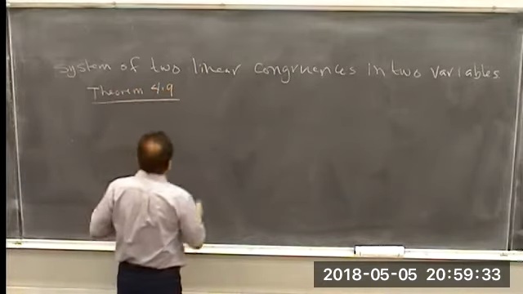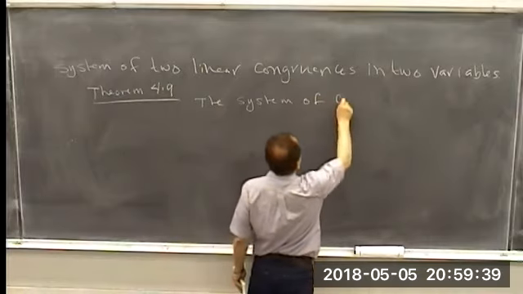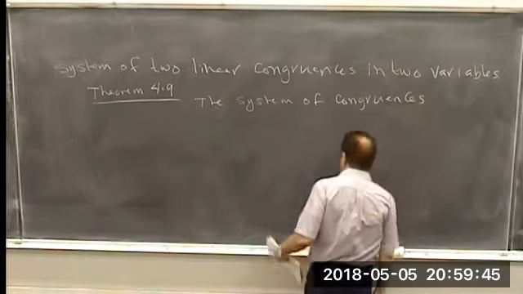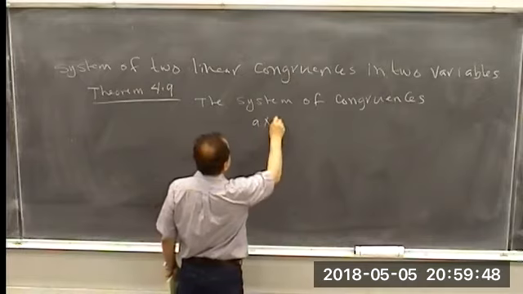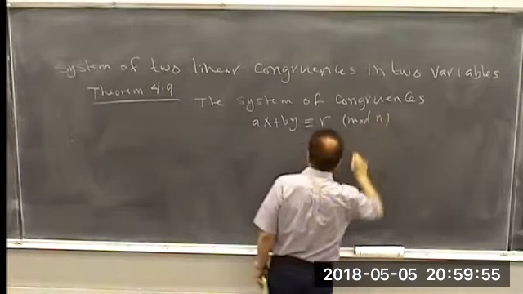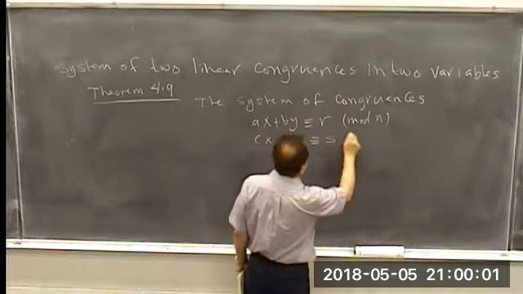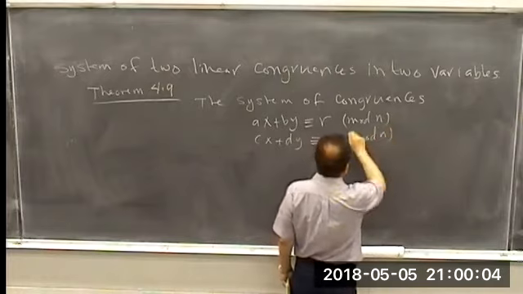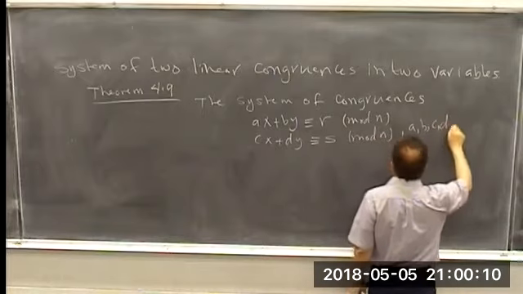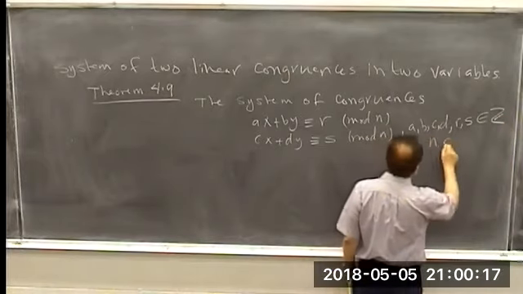and it states this: the system of congruences ax plus by congruent to r mod n, and cx plus dy congruent to s mod n, the same modulus, where of course all these a, b, c, d, r, s are integers, and n is a positive integer.